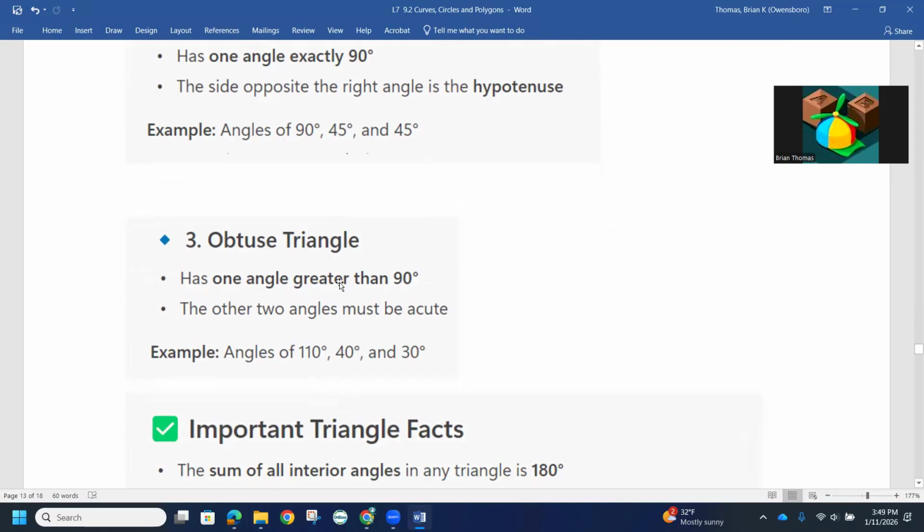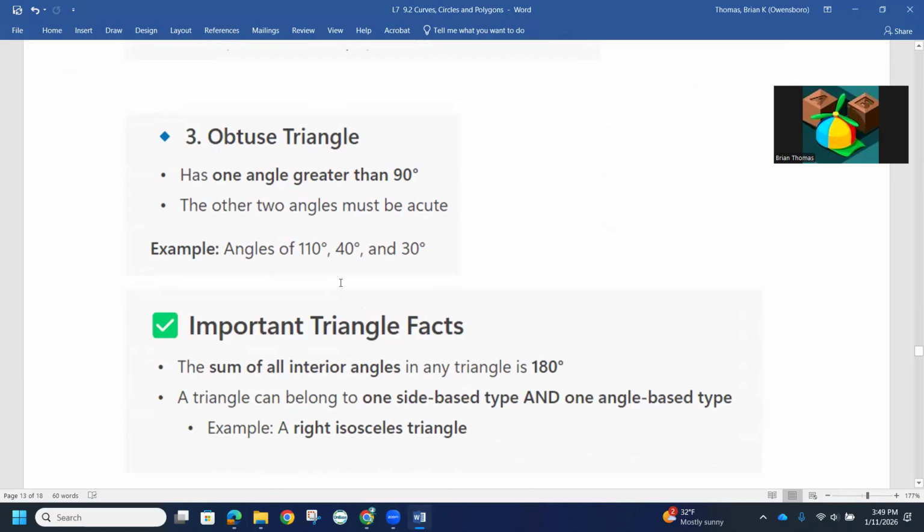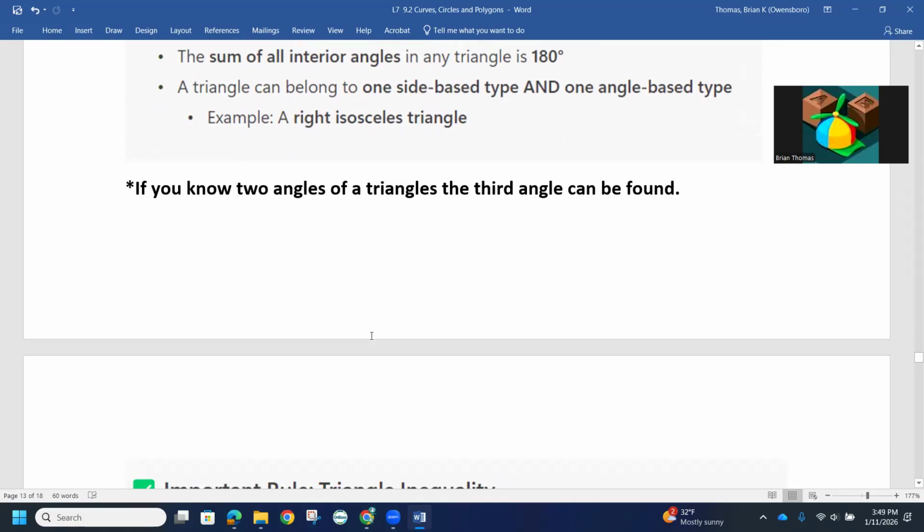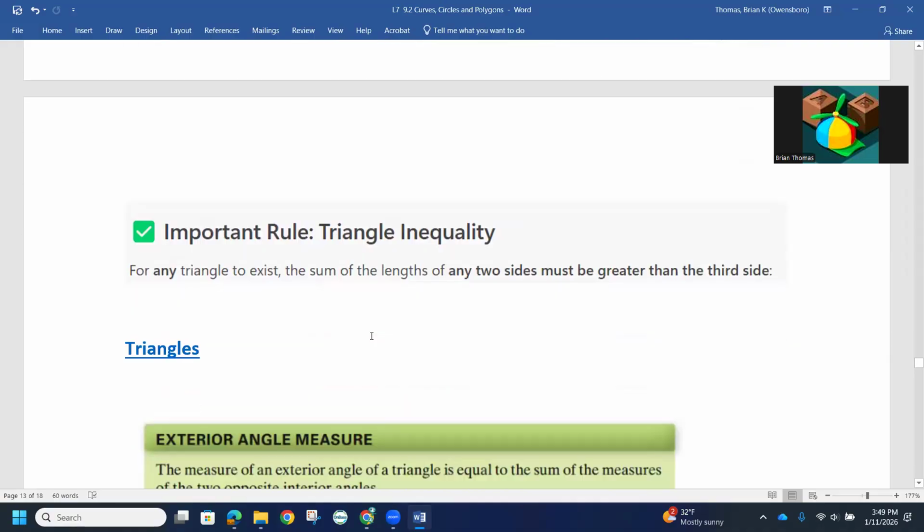An obtuse triangle means exactly one angle is greater than 90. So one of the things we're starting to pick up on is if you add the three angles of a triangle, that will always add up to 180 degrees. So a triangle can belong to a type of side and a type of angle. So if we talk about triangles, we can call them like right isosceles, so forth and so on here. So keep that in mind.